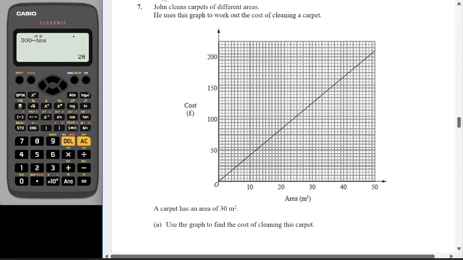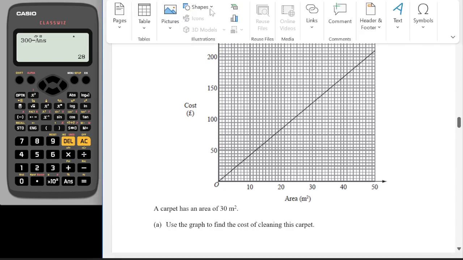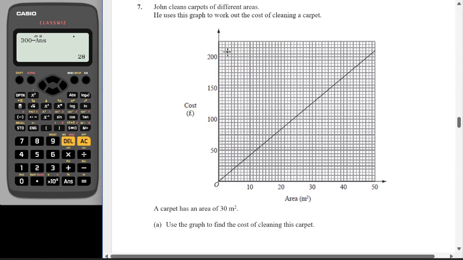Okay, so what we want to do here then really is at 30 we want to go up to our graph. So let's just, scale's not great on these printed versions. I'm going to say 30 is there. I'm going to go up to my graph. My ruler's not working particularly well at the moment, so I'm going to have to do this freehand.